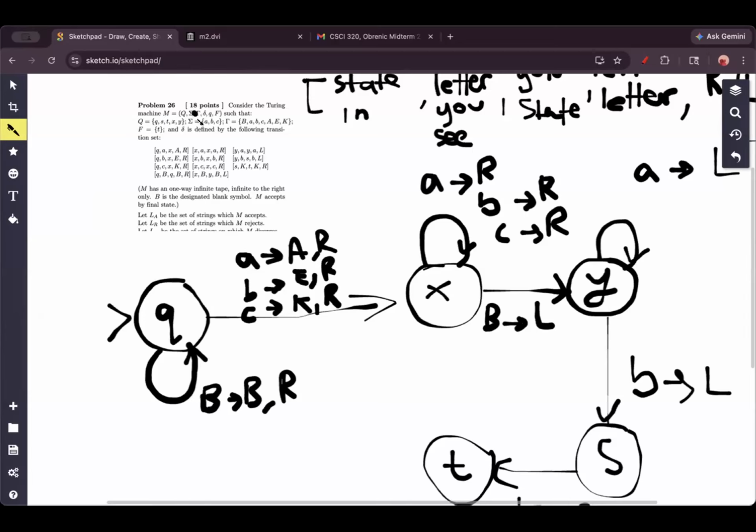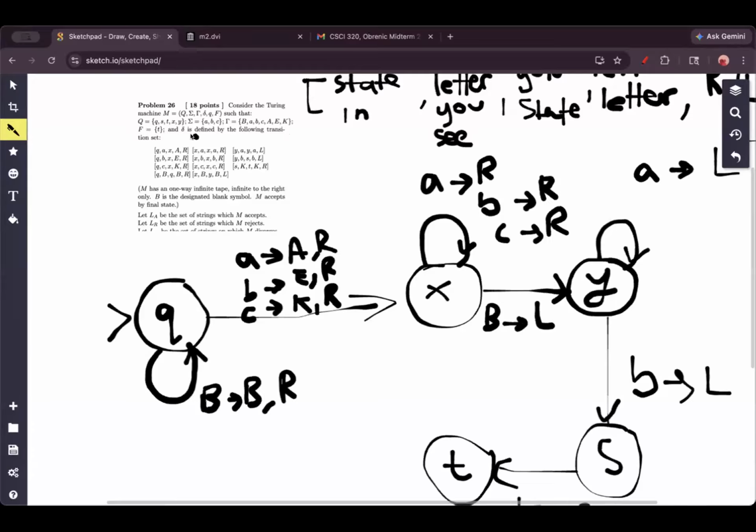So we have Q, sigma, the tape alphabet, the instructions, Q and then F. Q is all my states: Q, S, T, X, Y. Sigma is my alphabet that I could input, and the tape alphabet is blank, A, B, C, A, E, K, and then F, which is the final state.